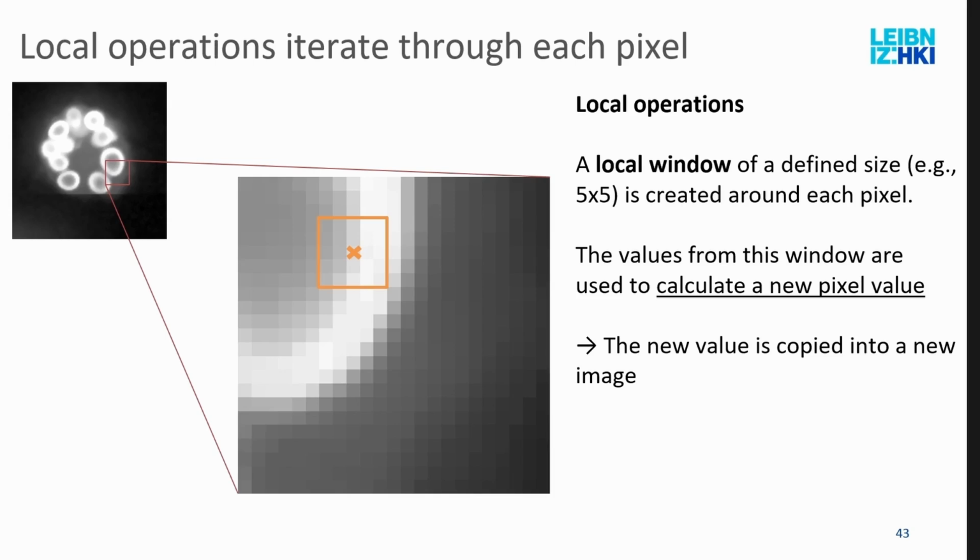Usually, most operations will look at this pixel, calculate some value based on the surrounding pixel area, and then store this new value at this location, but in a new image, because you don't want the calculation at the next pixel to be influenced by the modification of the one before.